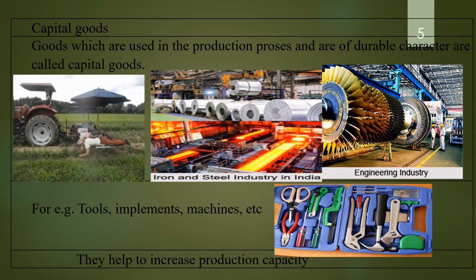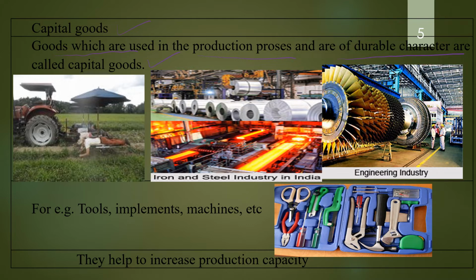Capital goods. What are capital goods? Capital goods are those goods which are used by producers to produce other types of goods and services. Here you can see goods which are used in the production process and of durable character are called capital goods.